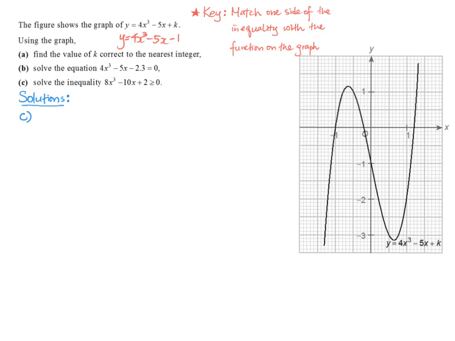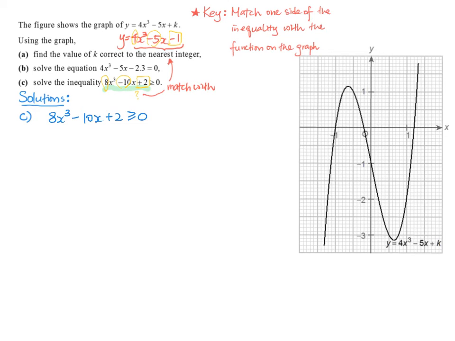Part C, solving this inequality. This time we're going to match this part with this part. Then you look at the coefficients. As you can see, we need to divide each of the coefficients by 2, except this part does not match.